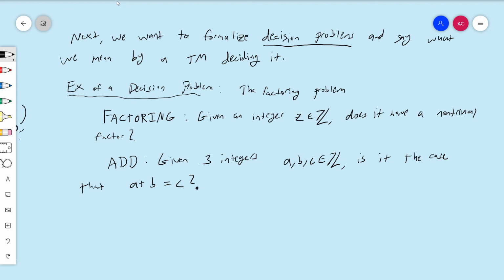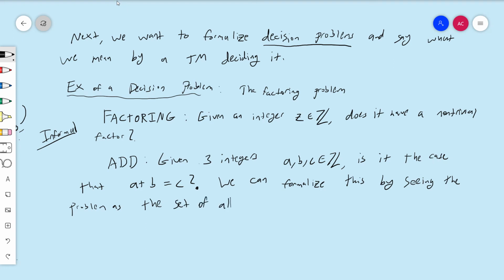I'm stating them informally, and what we want to do is view them as objects. But how do I do that? This is the informal way of thinking about a decision problem, and we can formalize it by looking at a decision problem as the set of all yes answers.